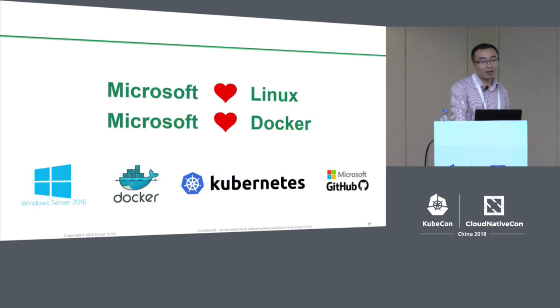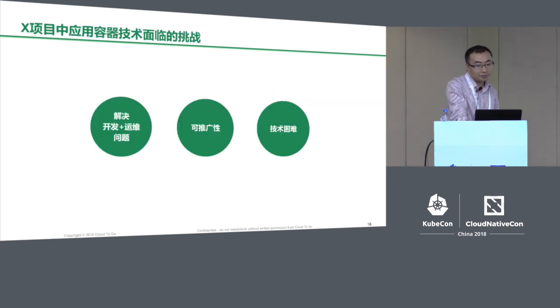So I'll not go into Kubernetes and containers. Also, you may know that Microsoft has invested a lot in containers, for instance, SQL Server 2016 supports containers, and it invested a lot in Kubernetes as well. Microsoft has been saying that Microsoft loves Linux and it loves Docker.